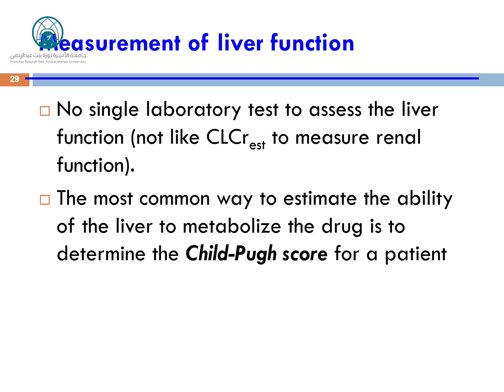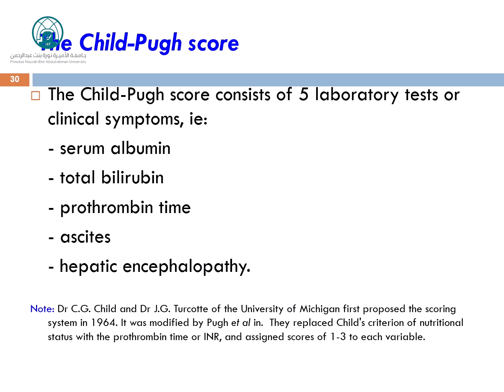The Child-Pugh score consists of 5 laboratory tests or clinical symptoms and vital signs, which are serum albumin concentration, total bilirubin concentration, prothrombin time, ascites, which is edema, and hepatic encephalopathy.